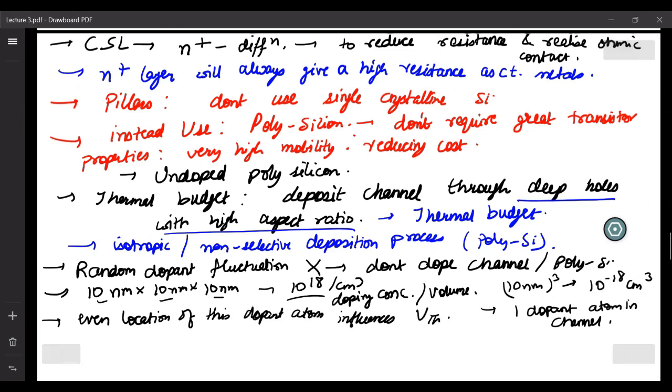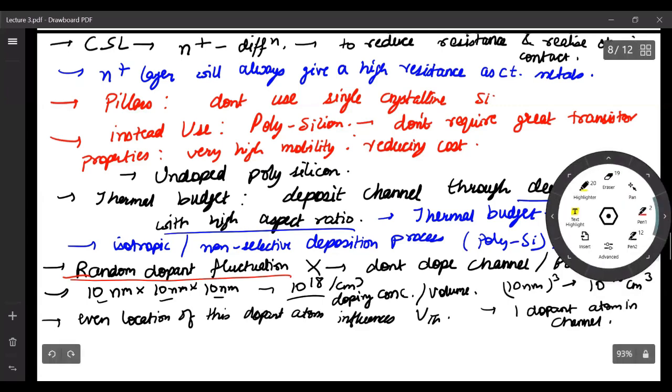You are doping it with an ion implantation process, and the location of the dopant atom can be anything. Because of this location dependent threshold voltage, your threshold voltage distribution will widen across the cells. So that is one of the reasons why they do not dope this polysilicon, just to avoid this random dopant fluctuation.